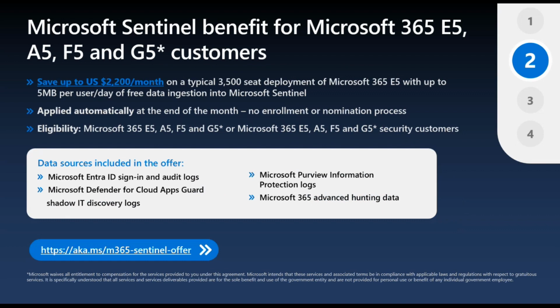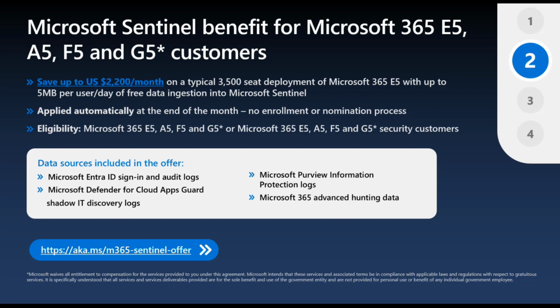The second scenario that a customer can take advantage of is if they are on the licensing plan that ends in a 5, so E5, A5, F5, and G5. If they are using that licensing plan, for each of the users that has that licensing SKU, that user can ingest 5 meg per day of free data into Microsoft Sentinel.